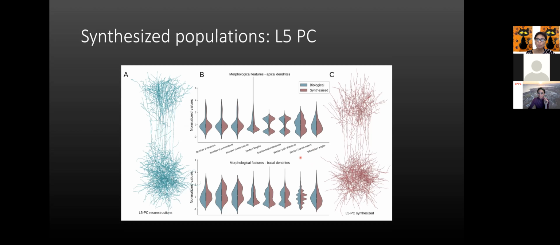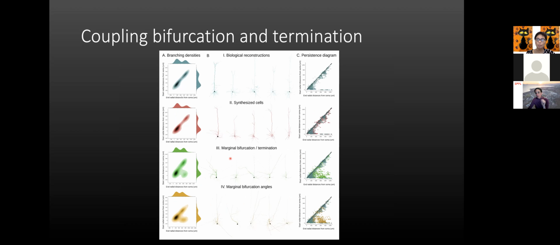And just one point here is that often when the neuroscientists have developed algorithms for synthesizing neurons, there are many different approaches to doing so, but they tend to sample bifurcations and terminations from independent distributions. But with these barcodes, it enables you to couple via the topology the distributions of bifurcations and terminations. And when we do that, here we have the biological reconstructions and we have matching synthesized cells.